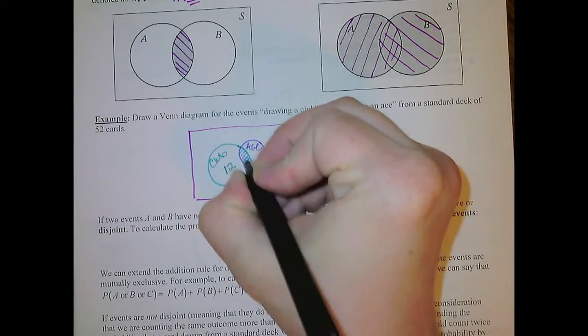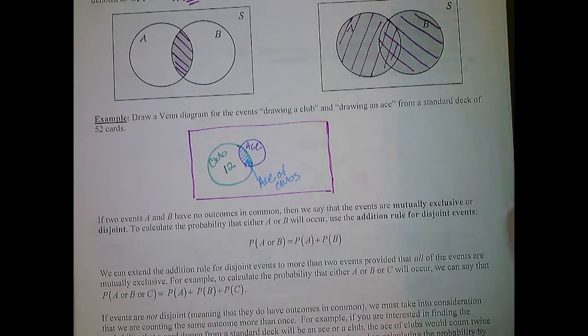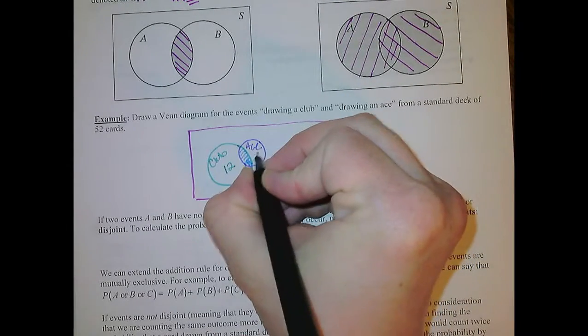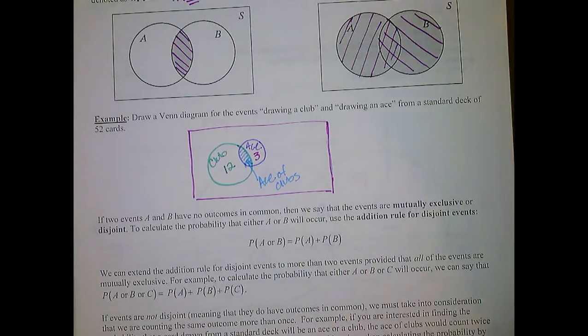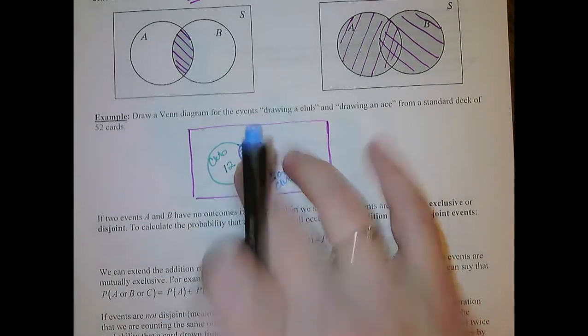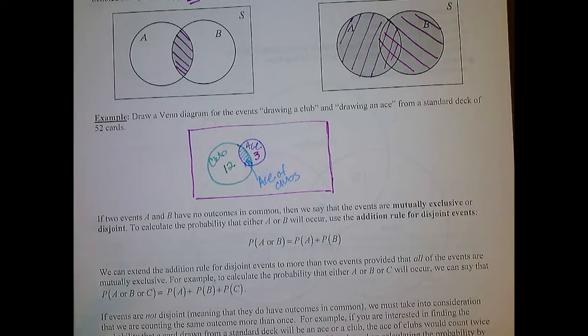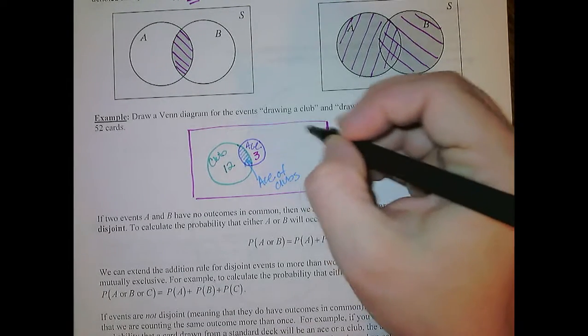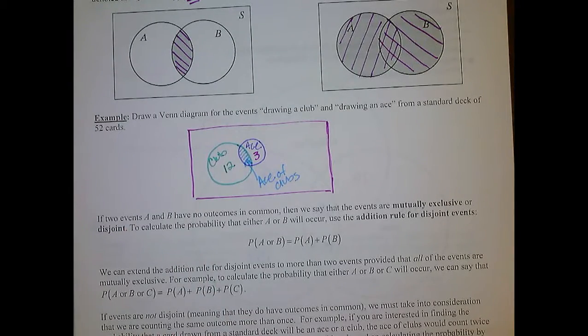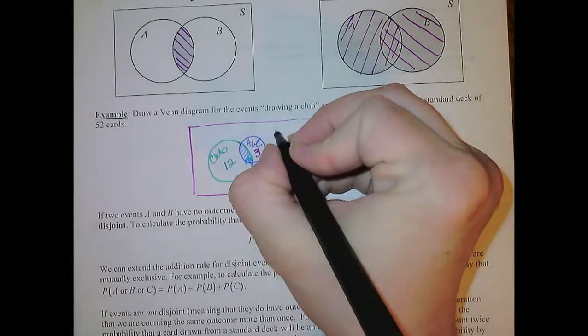Our 13th one would be in the intersection. And there would be 3 cards here in our region that is just aces. And then, again, just the 1 card in that overlapping area. We would also have, in this outside region, the cards that are not aces or clubs.